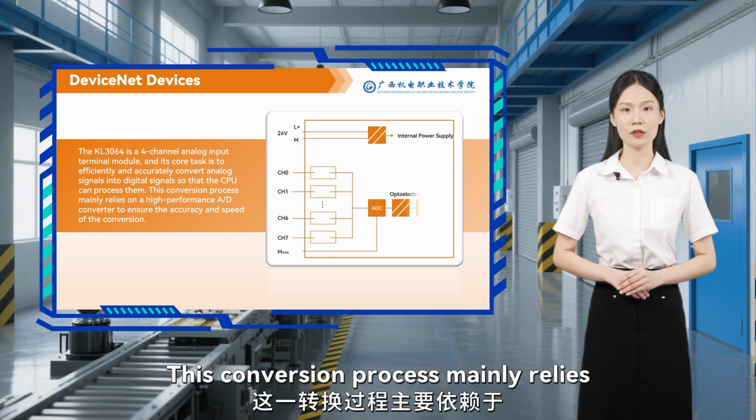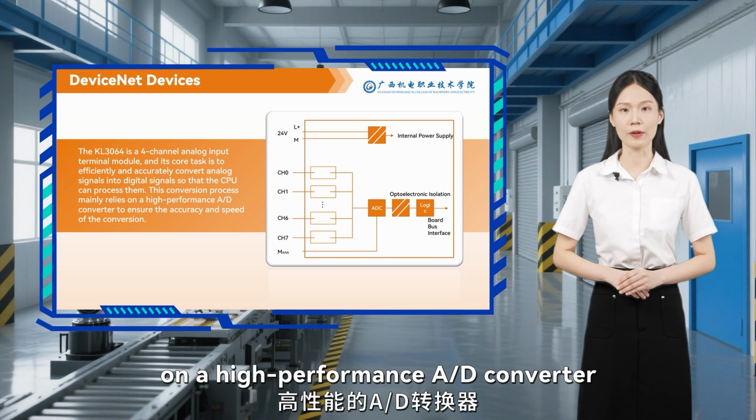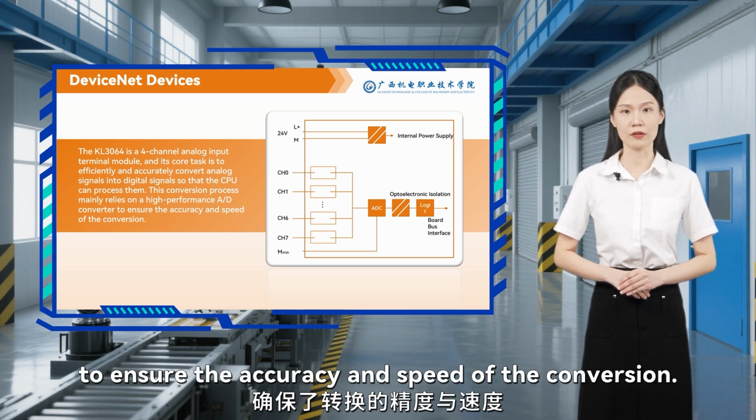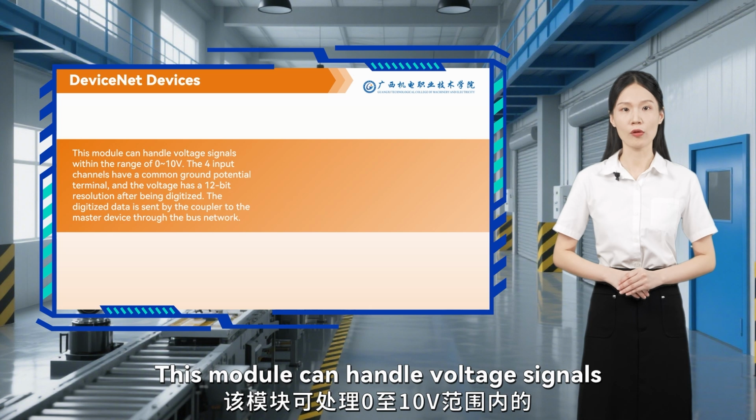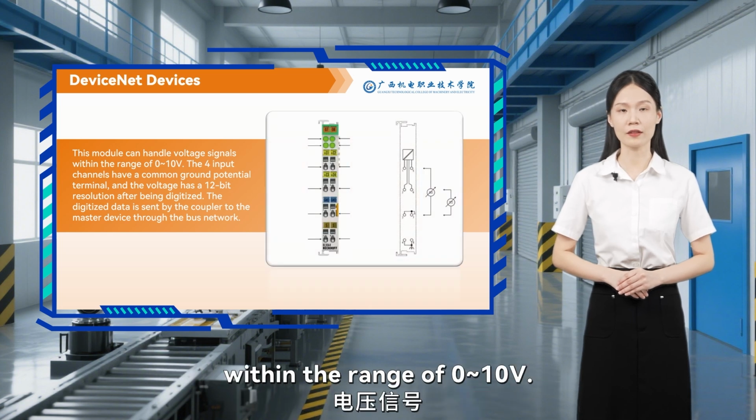This conversion process mainly relies on a high-performance AD converter to ensure the accuracy and speed of the conversion. This model can handle voltage signals within the range of 0 to 10 volts.